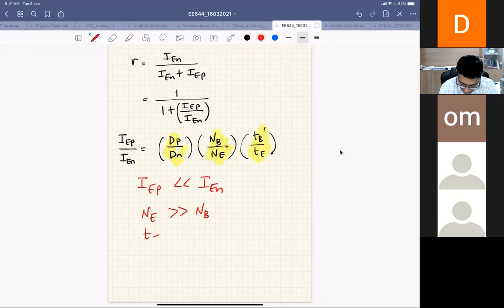And the thickness of the emitter should be more than the thickness of the base, right?